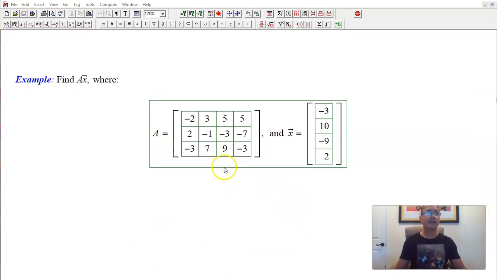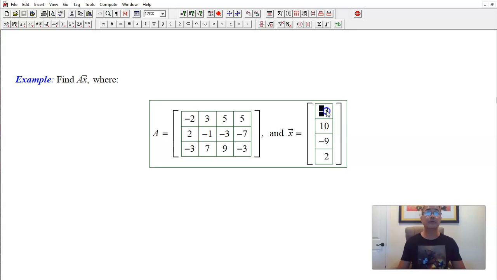Okay, so here's our example. We have a 3 by 4 matrix, and x is a 4 by 1 column matrix. I've already gone ahead and written x as a 4 by 1 column matrix, even though it starts out as a vector from R^4. So we take column 1 of A and multiply it by -3.